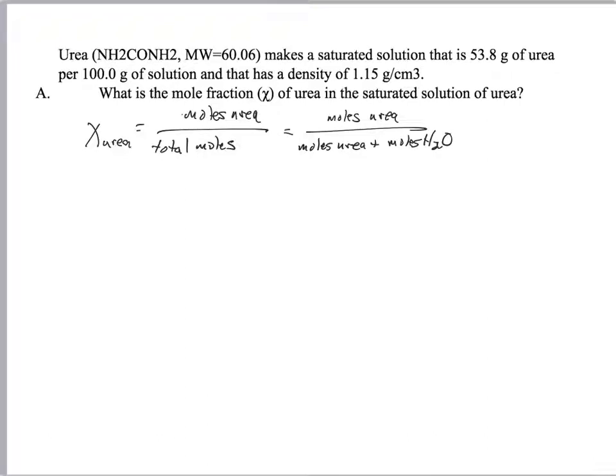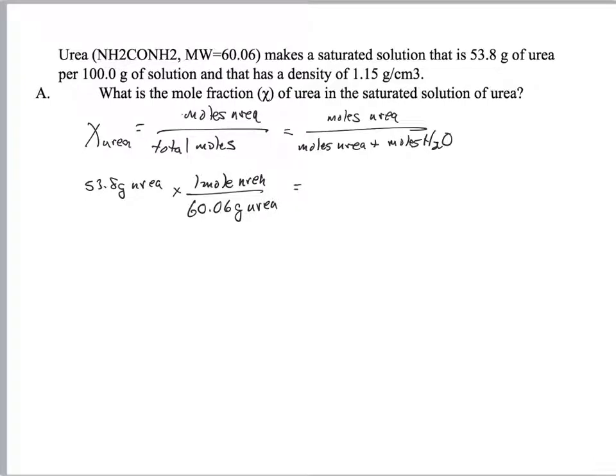Okay, so we've got a lot of work to do. We have to figure out how many moles of urea we have. So we have 53.8 grams of urea, and we know that 1 mole of urea is 60.06 grams of urea.